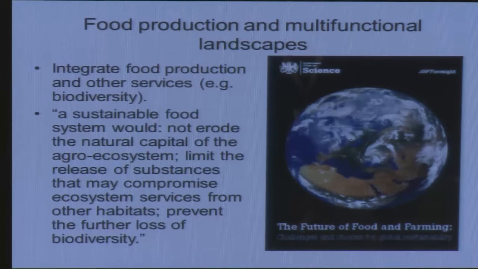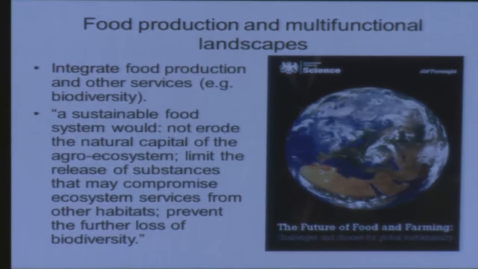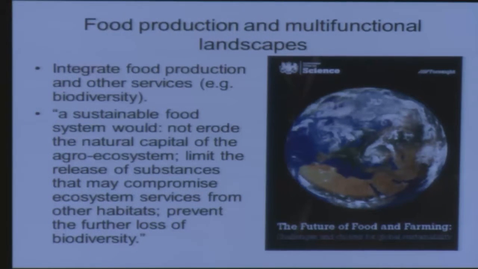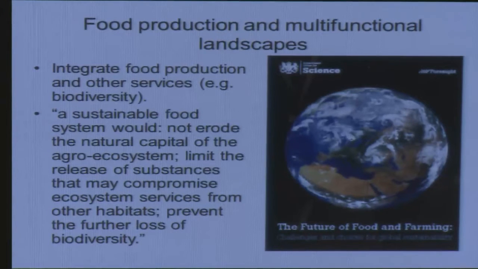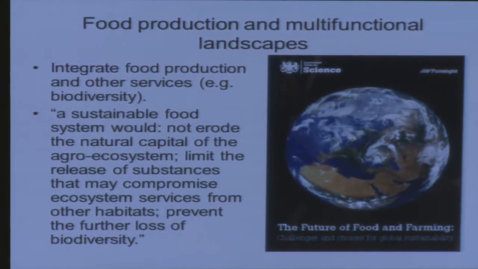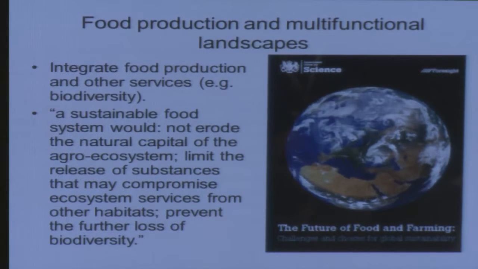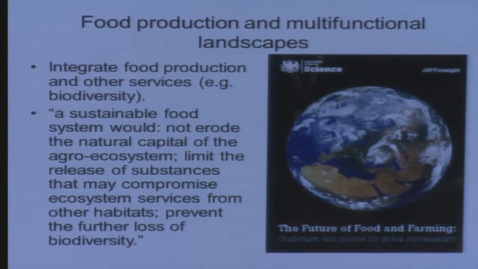In 2011, the UK government produced a document called The Future of Food and Farming, in which they made it very clear that what we had to do was integrate food production with the delivery of other services from those landscapes. And they defined a sustainable food system as one that would not erode the natural capital of agroecosystems, and biodiversity is part of natural capital, would limit the release of substances that may compromise ecosystem services from other habitats, and would prevent the further loss of biodiversity.